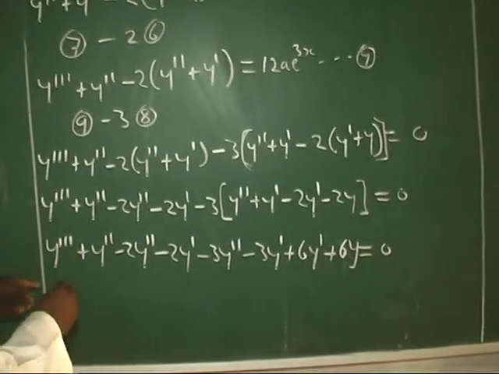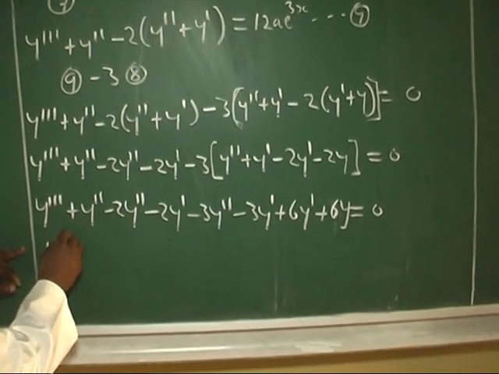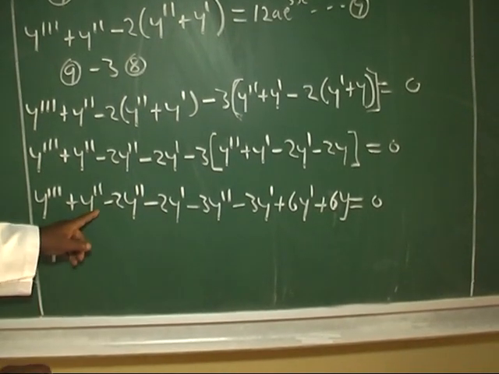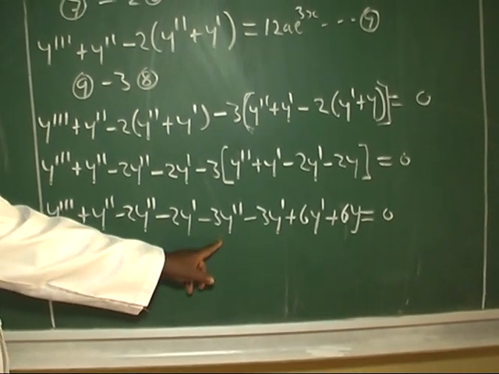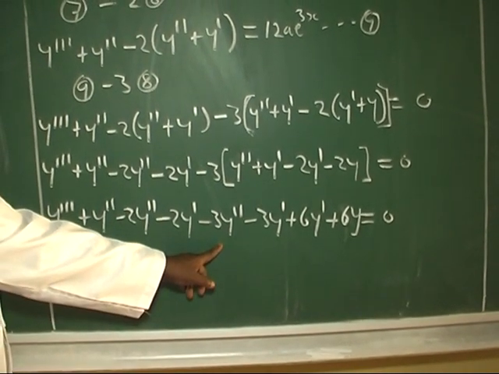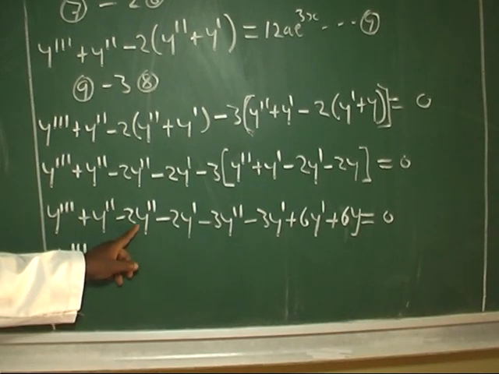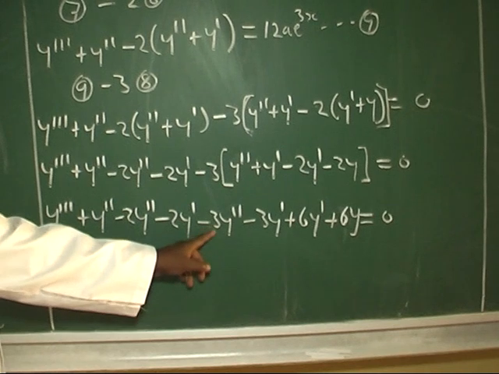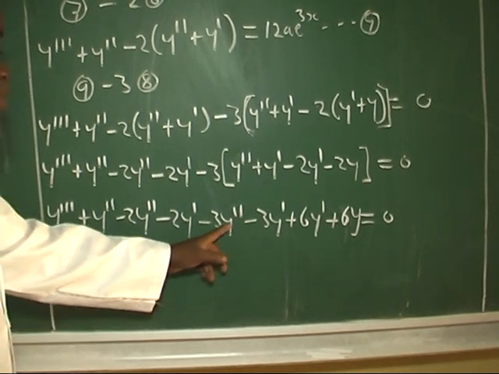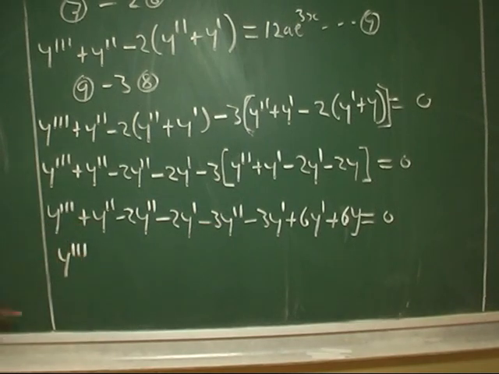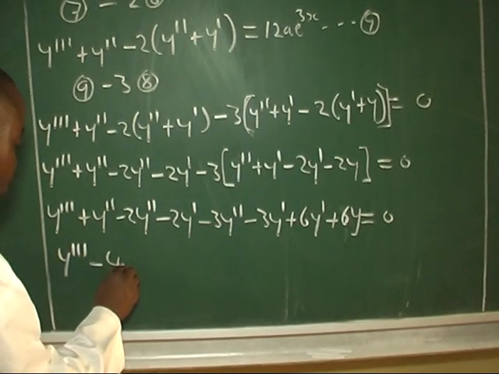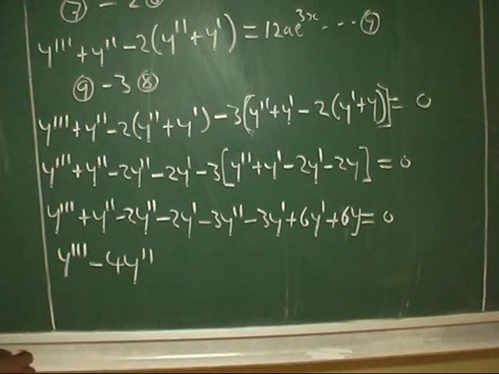Now, this one is the third order y'''. So we have second order, we also have second order. And so what we have here is minus y'' minus 3y'', which is minus 5y'' plus 1, so we have minus 4y''.